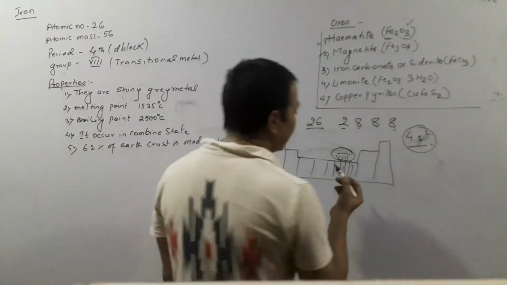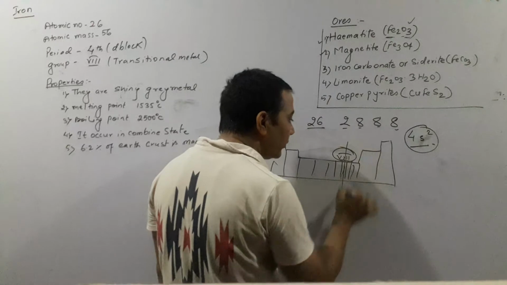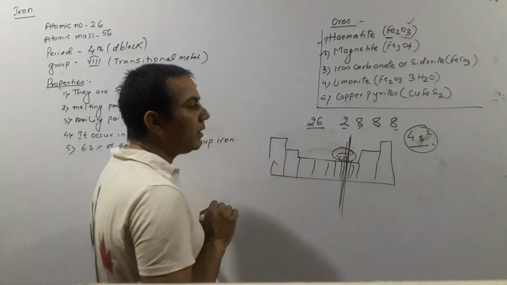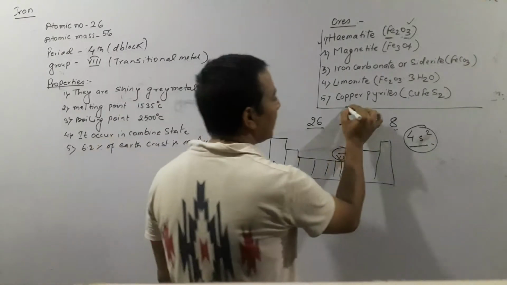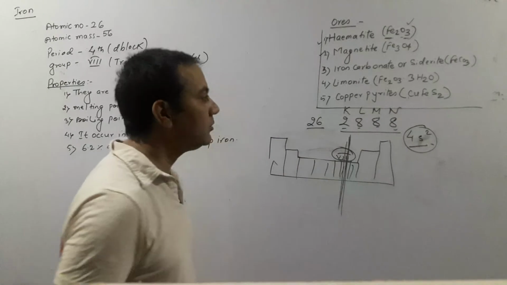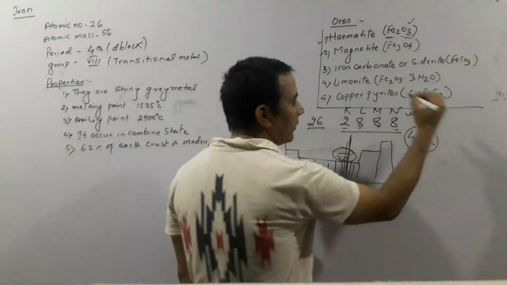Now the next thing. So it falls on which group? It falls on group 8. Then which period? K, L, M, N. Which period? It is on the 4th period.